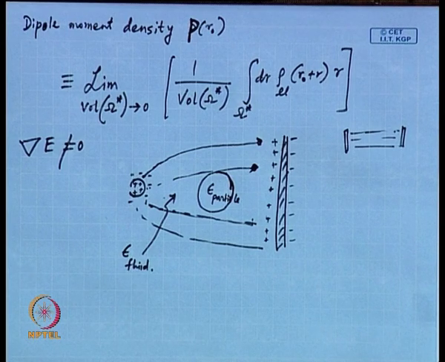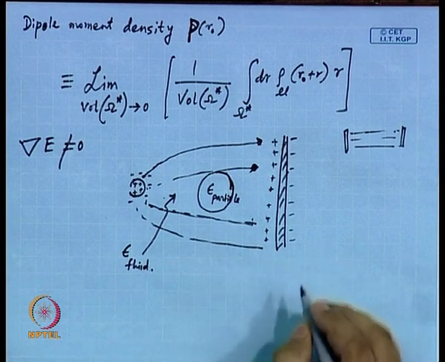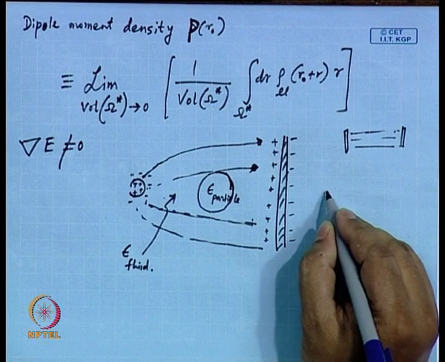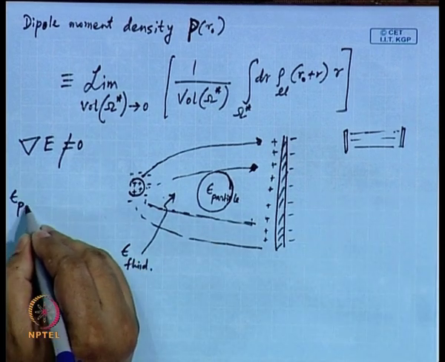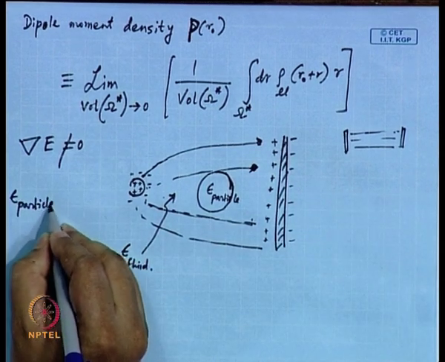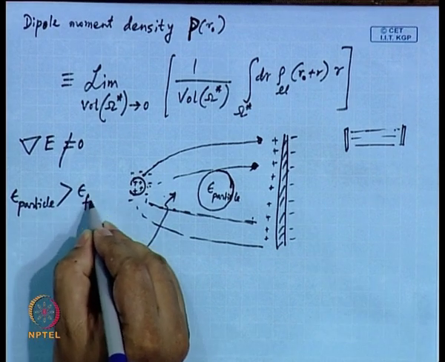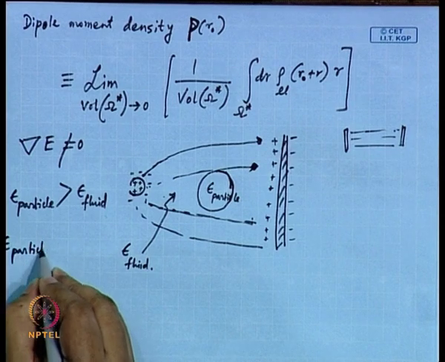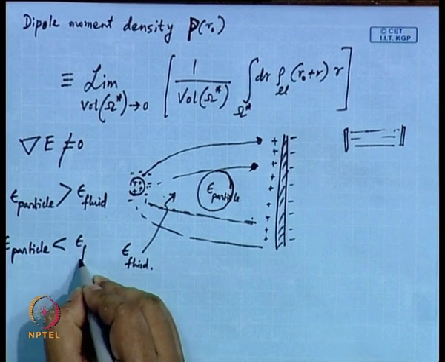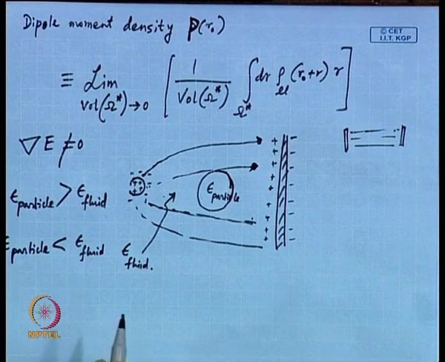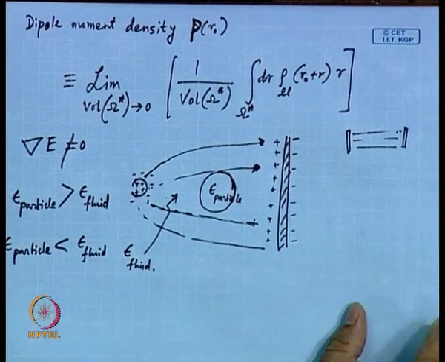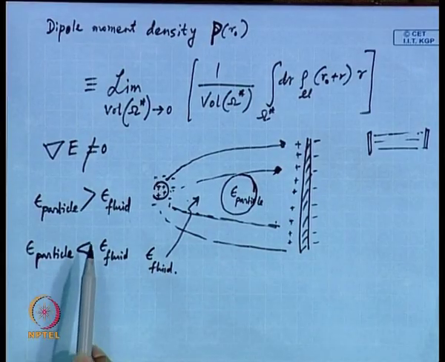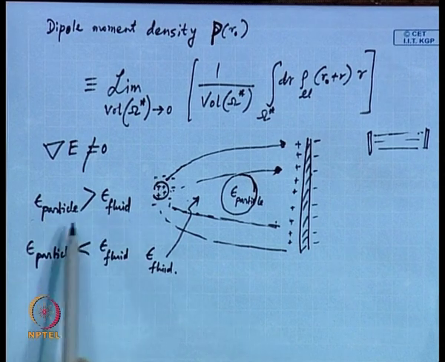Now, there is one issue here: either epsilon particle is more than epsilon fluid, or the other possibility is that epsilon particle is less than epsilon fluid. The dielectric constants for a particle and a fluid can be different, one can be larger than the other.